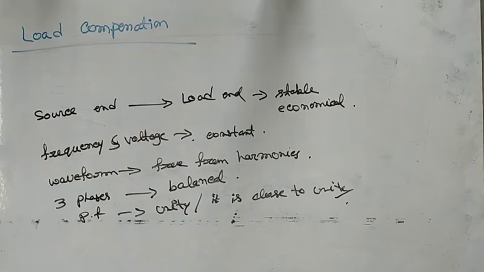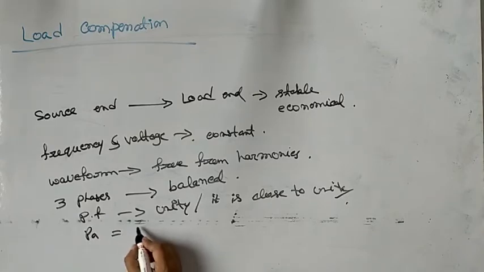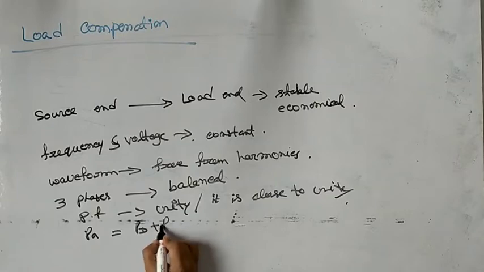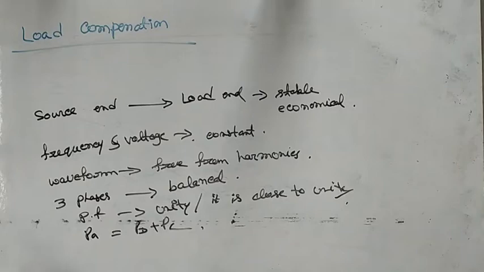The maintenance of constant frequency in a power system needs an exact balance between the generated power, suppose Pg, and the load demand plus load loss. Also the voltage plays an important role in maintaining the stable operation of the power system.